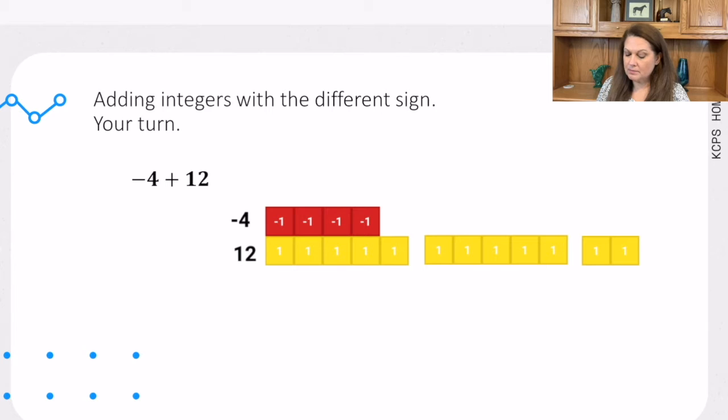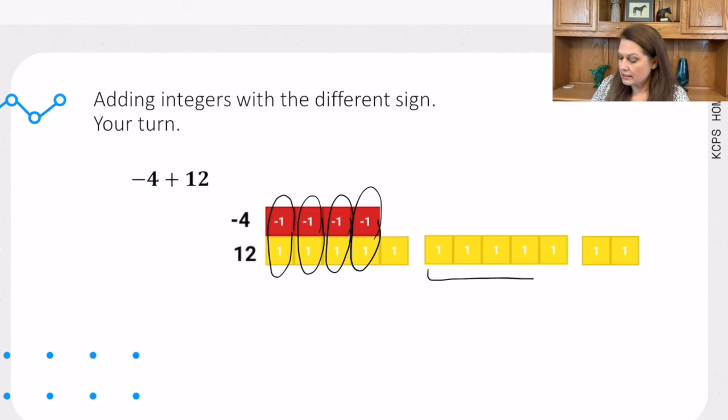So let's take a quick look at another one. Negative 4 and positive 12. Do you see any opposites? I do. So here's a 0, here's a 0, here's a 0, here's a 0. Because they're opposites, they cancel. Remember, I like to group things in 5 so they're easy to count. Here's 5 here, here's 2 here, and here's 1.